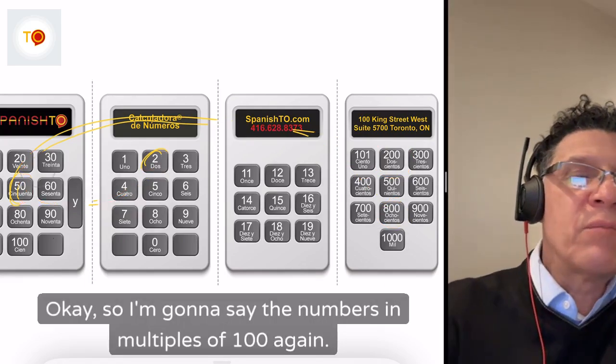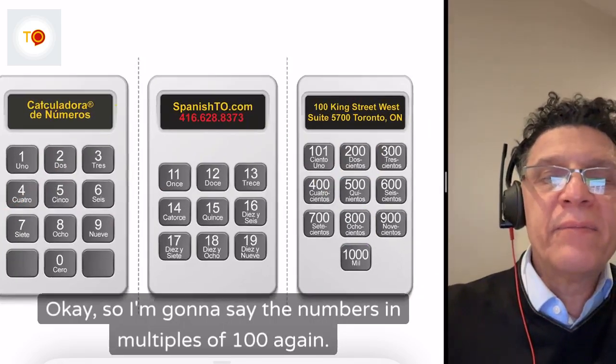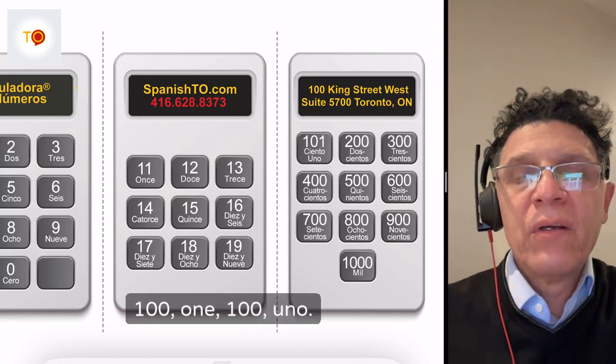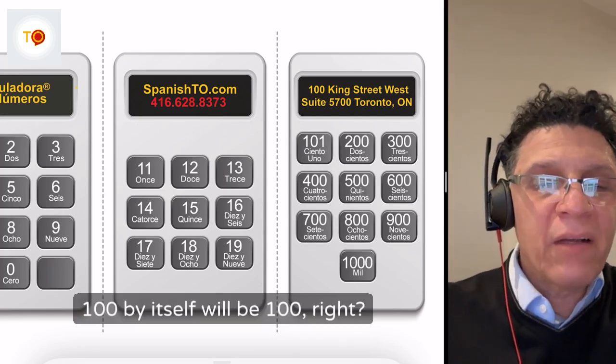Another one would be 852. Okay, so I'm going to say the numbers and multiples of 100 again. 100, 101. But 100 by itself would be 100, right?